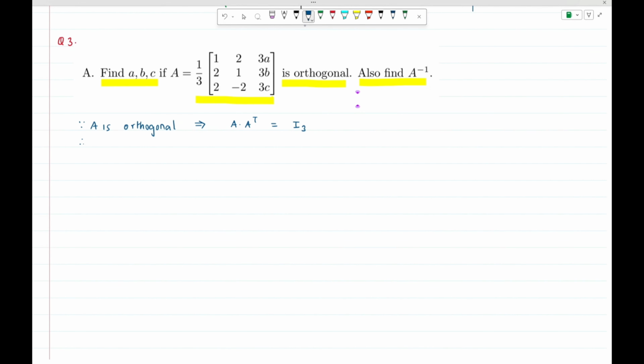So therefore A is 1/3 of this, times A transpose, where the rows will be swapped with the columns, so we get this matrix, must be equal to the identity matrix of order 3 by 3.